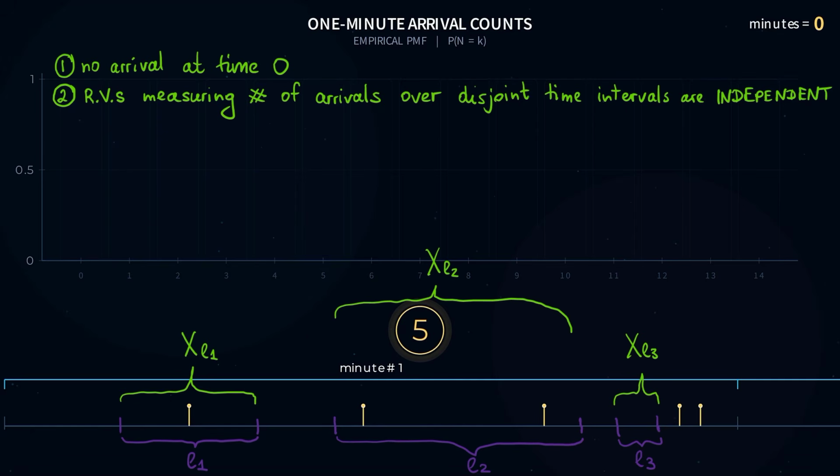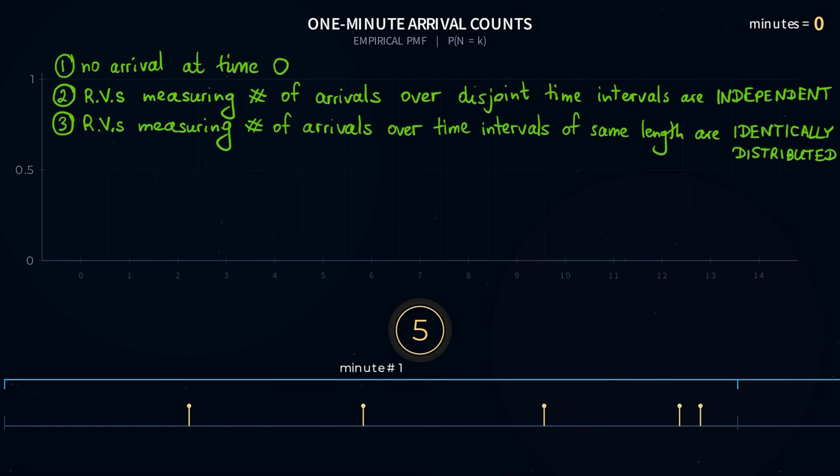They're capturing the number of arrivals over the respective time intervals of length L1, L2, and L3. Because these time intervals L1, L2, and L3 are disjoint, these 3 random variables that correspond to these intervals must be independent. That's what this second postulate requires of a Poisson process. Now let's take a look at postulate number 3.